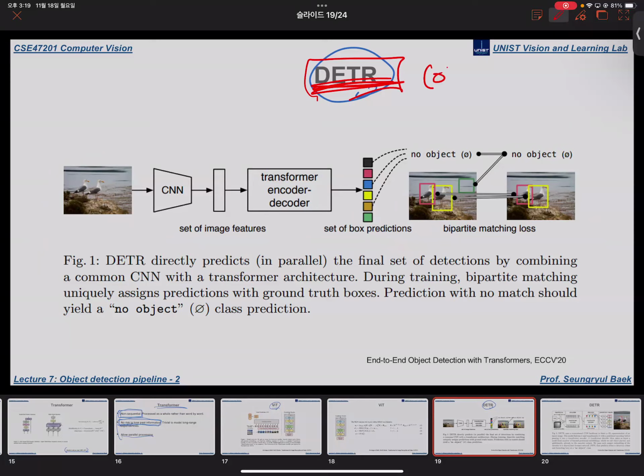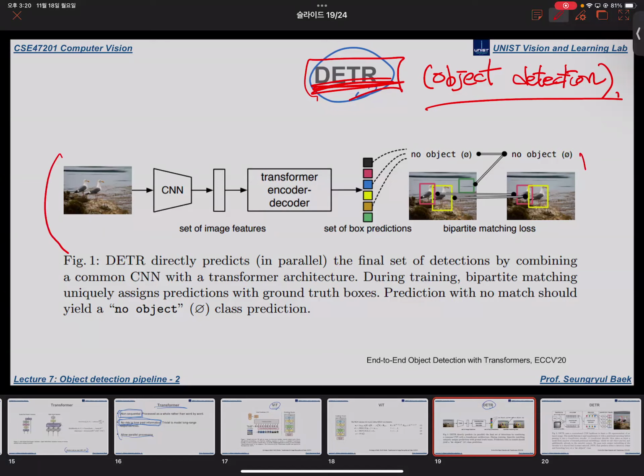So this is the object detection pipeline. We already learned that ViT has only the encoder, right? But here in DETR, we have both the encoder and the decoder, because object detection is more complicated than the image classification task, so we need a decoder here.